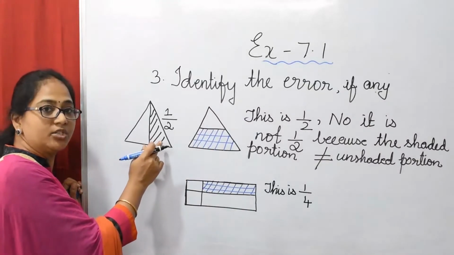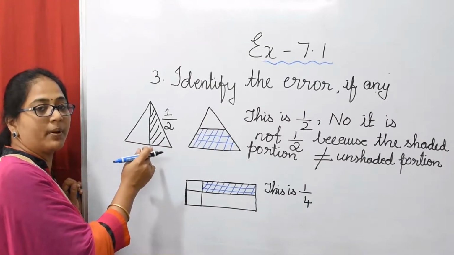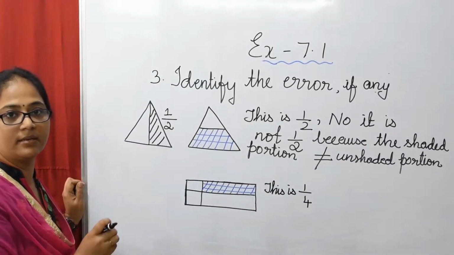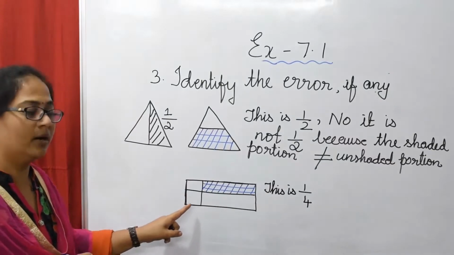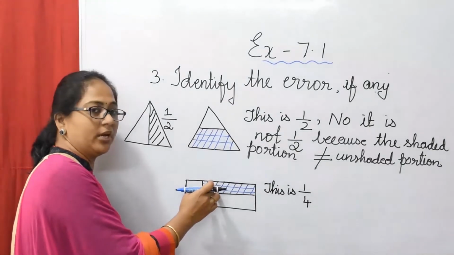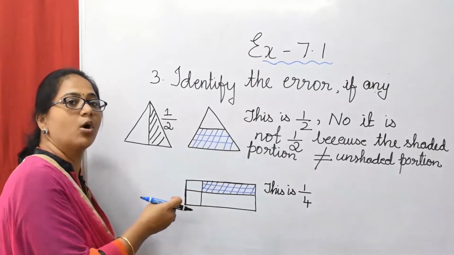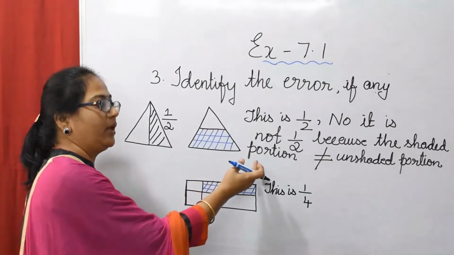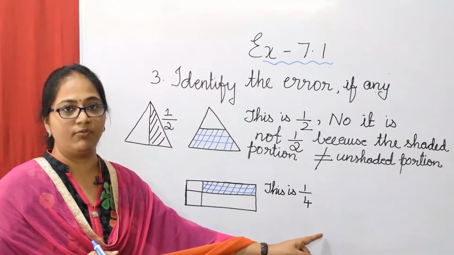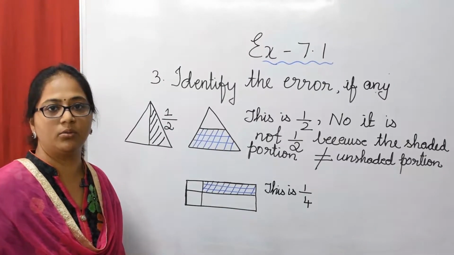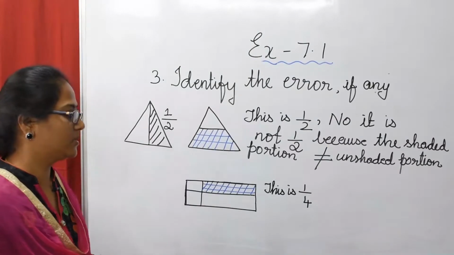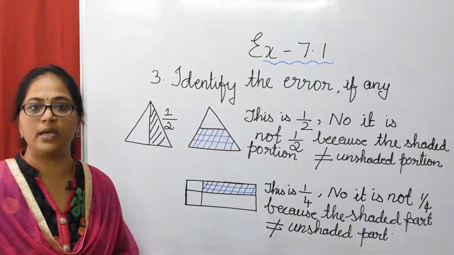But here the shaded and unshaded parts are equal. That is the difference. Now let us see the next sum. Here also the shaded and unshaded portions are not equal, so this is not 1 by 4. Understood?